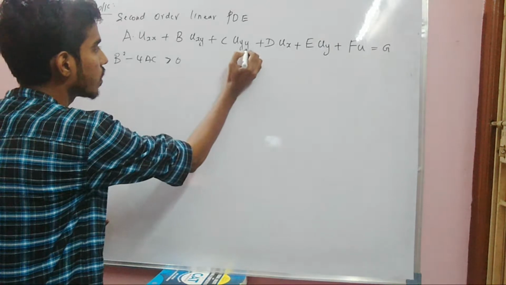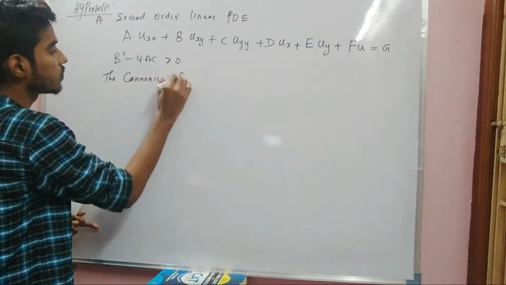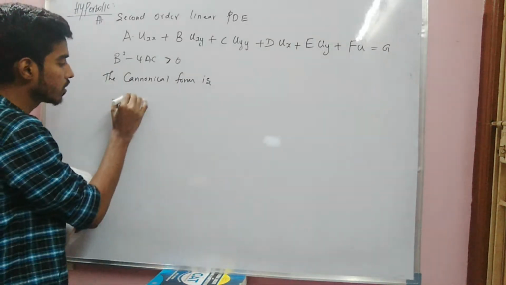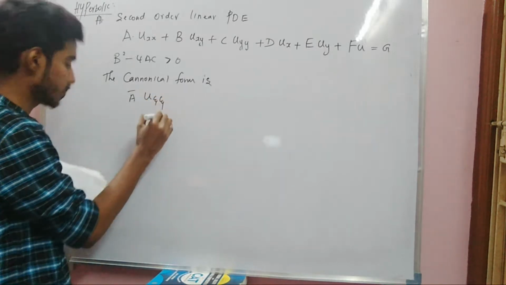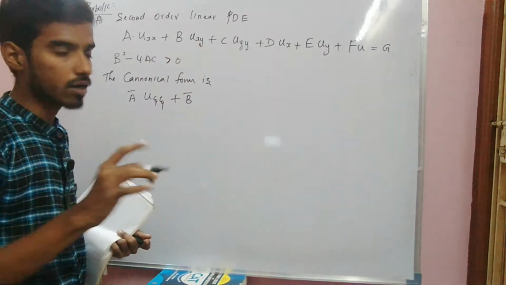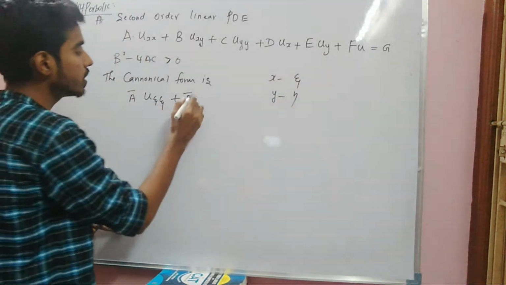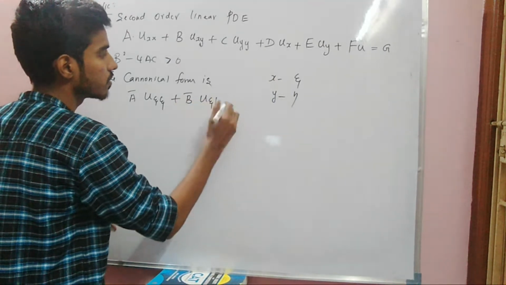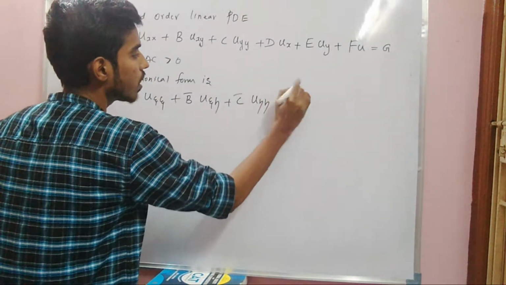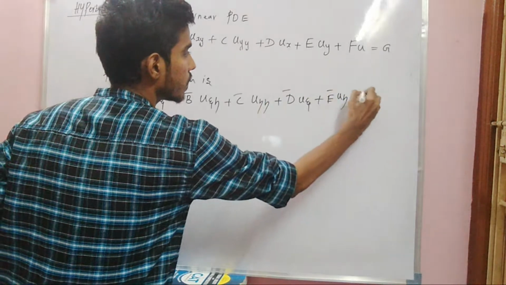The canonical form is, I am going to write the formula now: a bar u theta theta plus b bar u theta eta plus c bar u eta eta plus d bar u theta plus e bar u eta plus f u is equal to g.